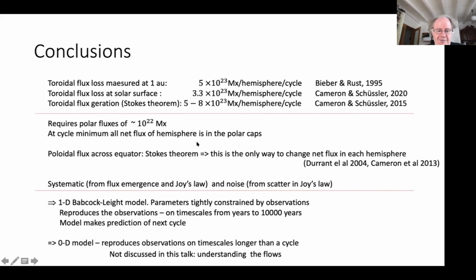At solar minimum, all the flux is in the polar caps. Toroidal flux needs to be taken across the equator in order to change the net flux in each hemisphere. This comes from Stokes theorem.